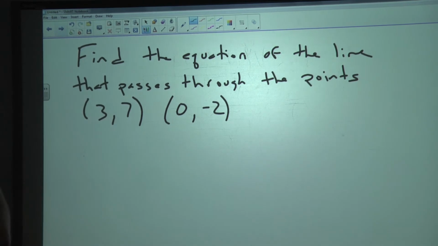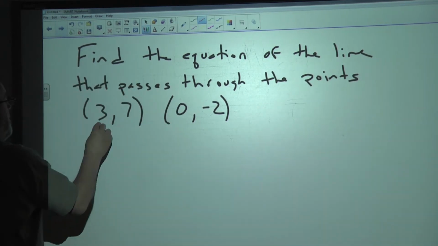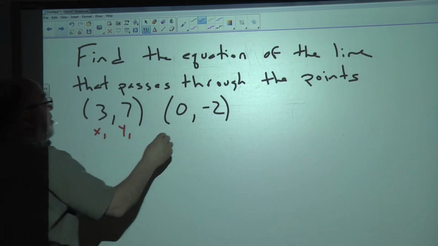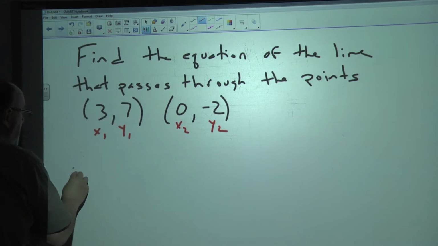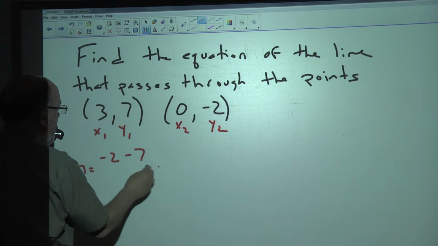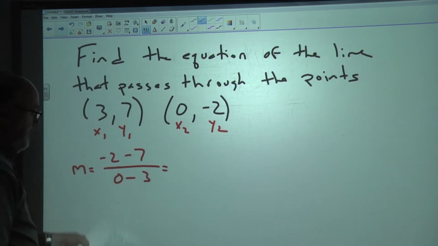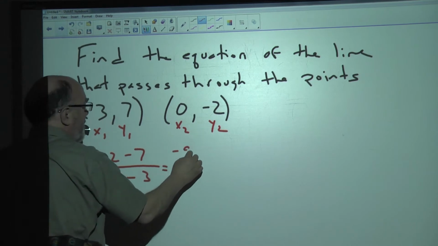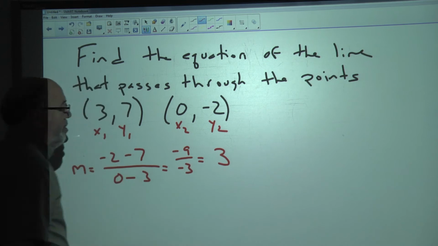We're going to find the equation of this line in both point-slope and slope-intercept form. The first thing I need to do is find the slope, so we'll do that part first. Our slope is going to be -2 minus 7 over 0 minus 3. This gives us -9 over -3, which gives us a slope of 3.